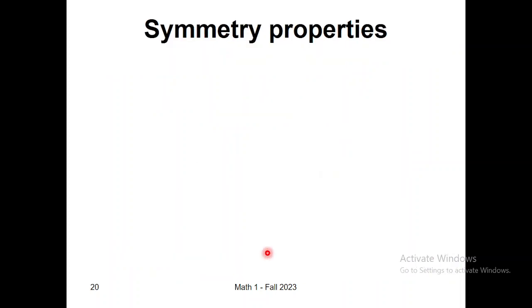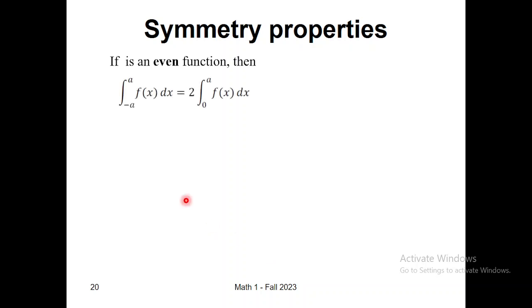Also, in this set of examples, we consider what are called symmetry properties, and this is very important. It is related to integrating even and odd functions as a definite integral. If the function is an even function, it has a symmetry about the y-axis, and also there is a symmetry in the interval over which you are integrating this function.